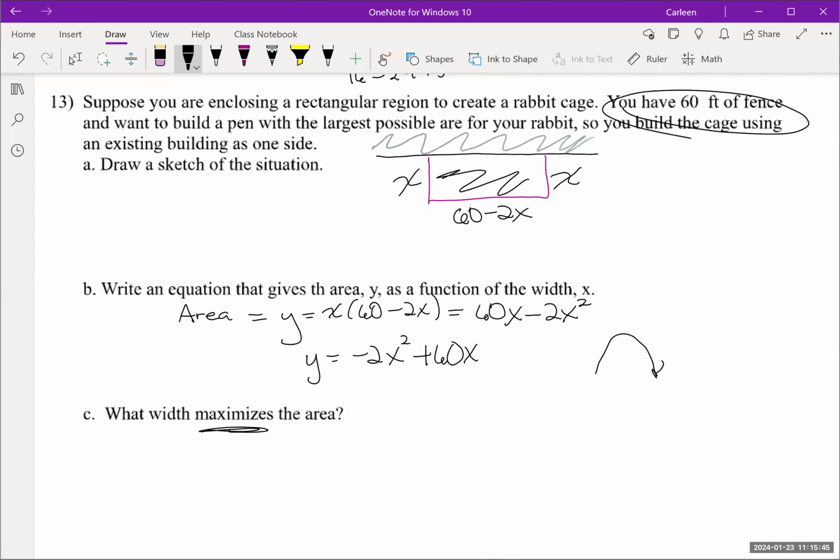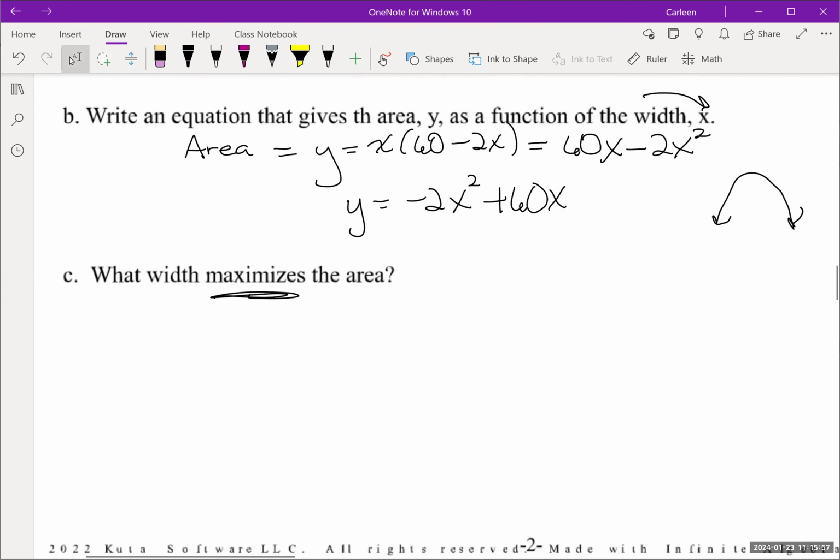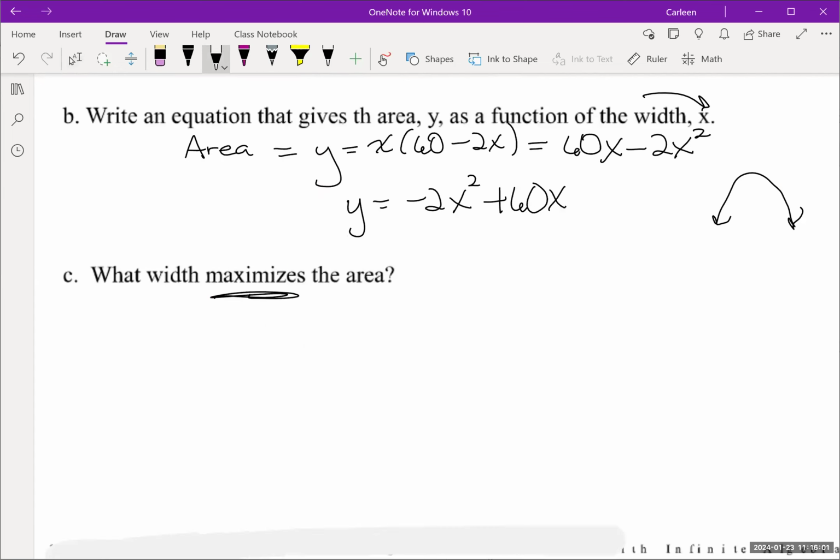This would graph an upside down parabola. So I need to find the width, which is x, that maximizes the area. Okay, so here's my graph. How can I find the max x value?